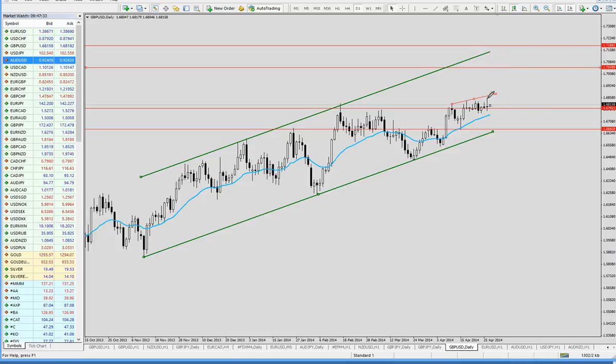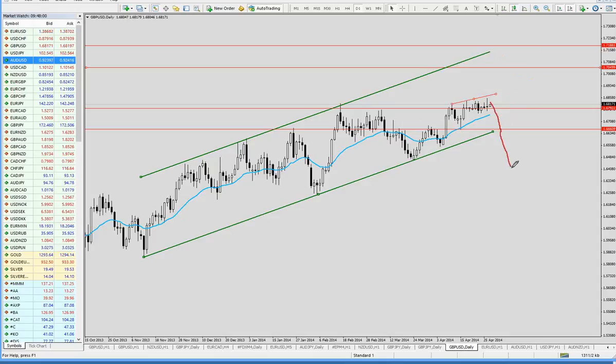Another, if we are going to fall from here, I would look for some buying opportunity based on this static support, based on this dynamic support, right? For the final push higher here. And the last thing, there is no stop here.